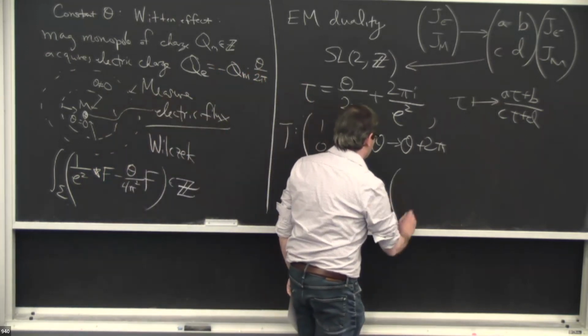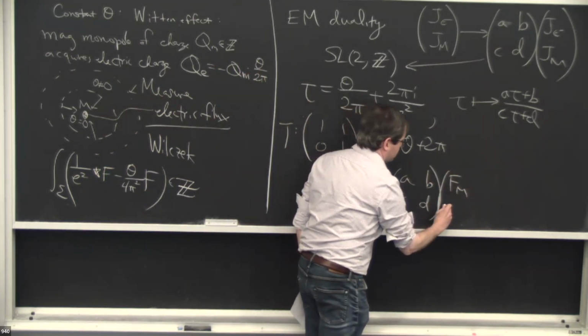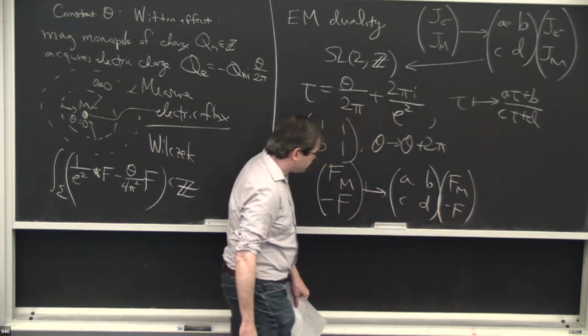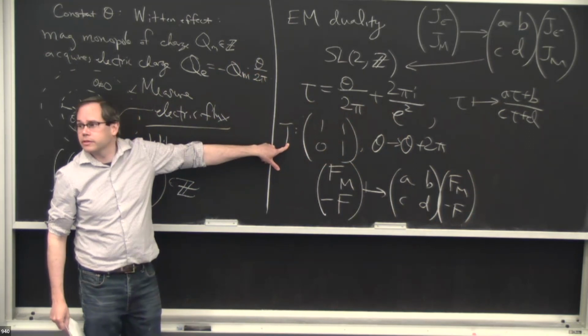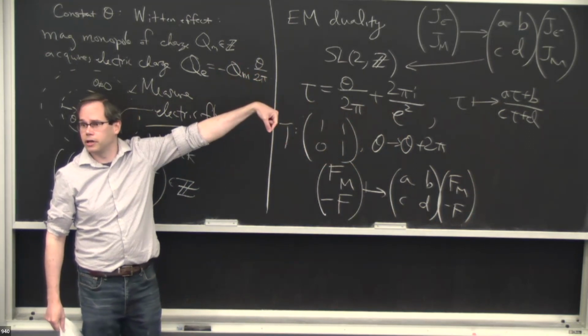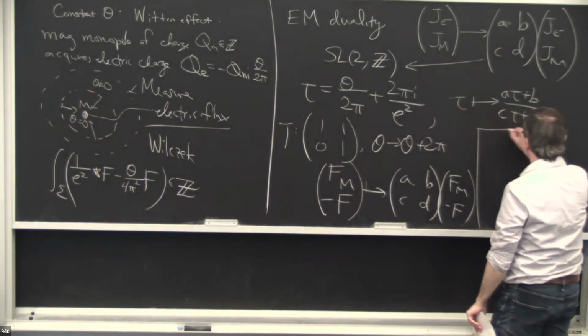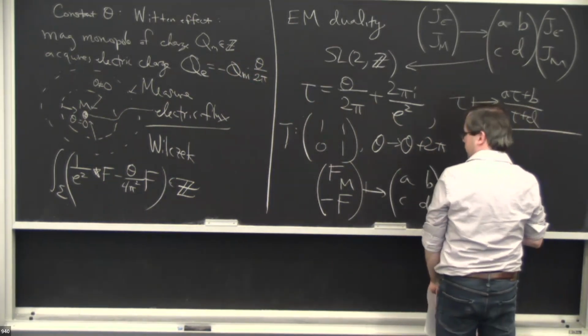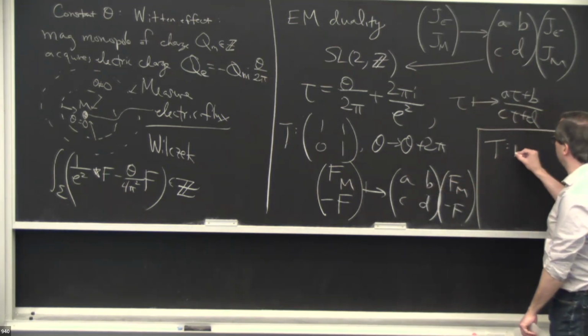This thing gets mapped again by A, B, C, D, magnetic minus electric. And if I act with this matrix, the one that shifts theta by 2 pi, in particular, I find that this T operation, I get 1, 1, 0, 1 acting on this.